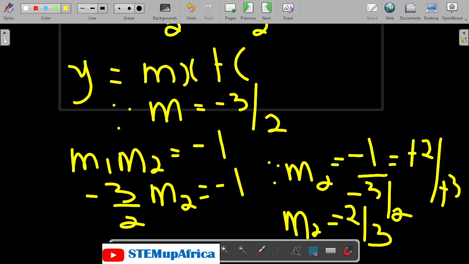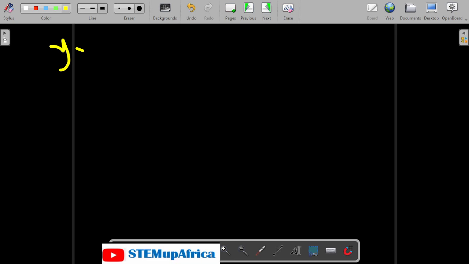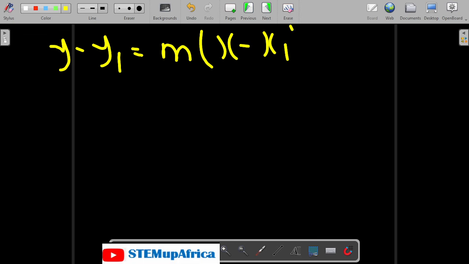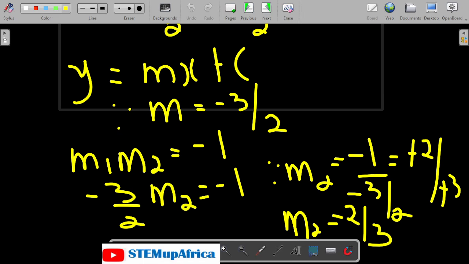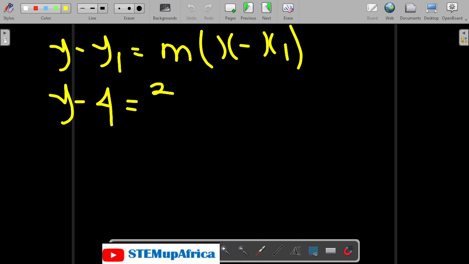With this, I can find the equation of the line: y minus y1 equals m into x minus x1. So y minus 4, which comes from the coordinate point, equals my gradient 2 over 3 into x minus 3.